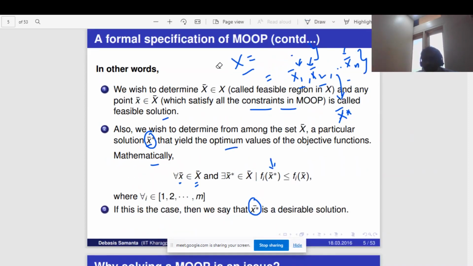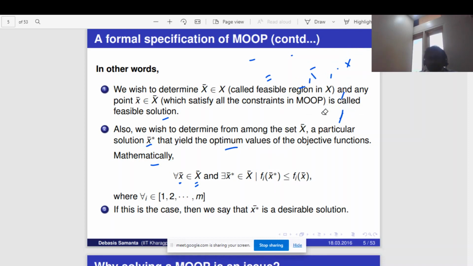Could someone explain what I have said? What is x? It is the feasible region, all solutions.